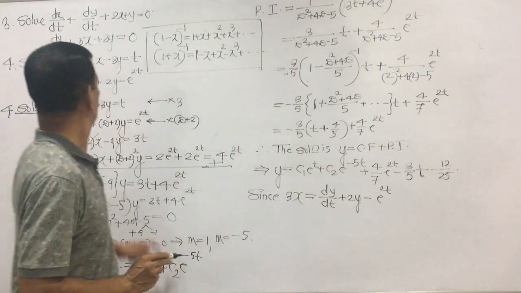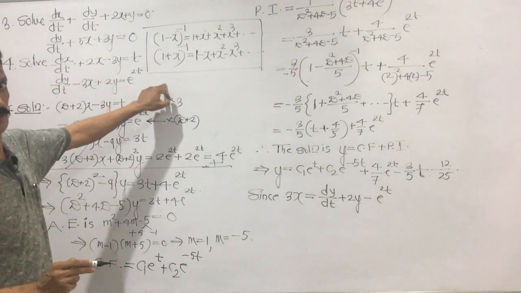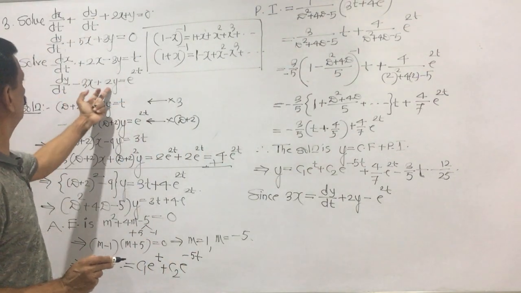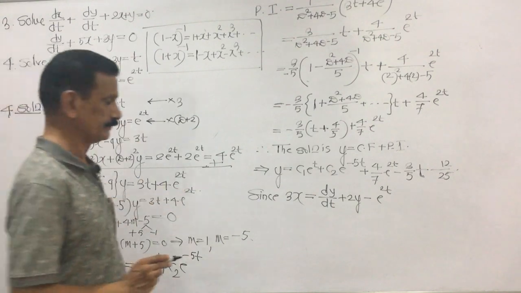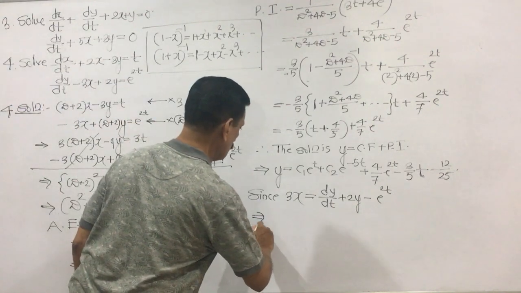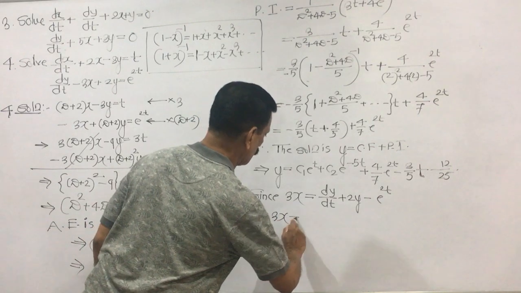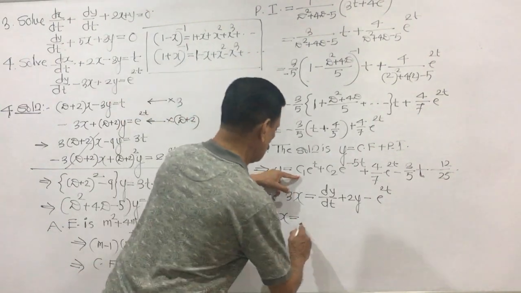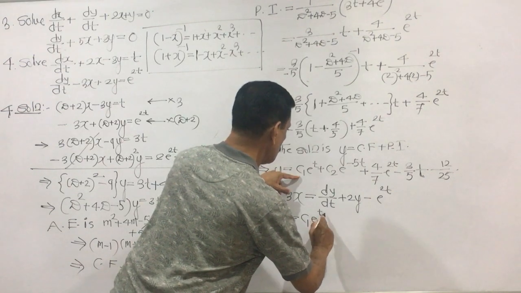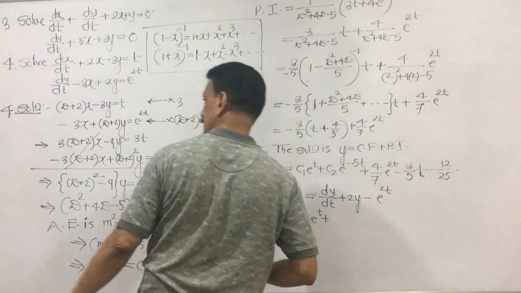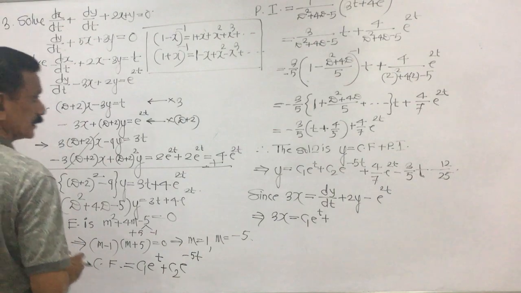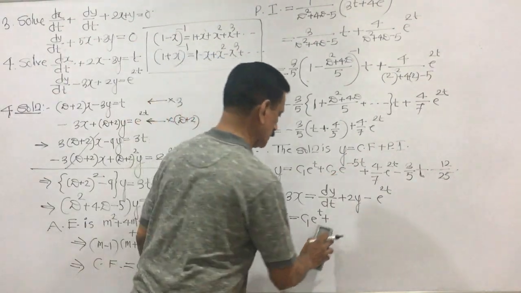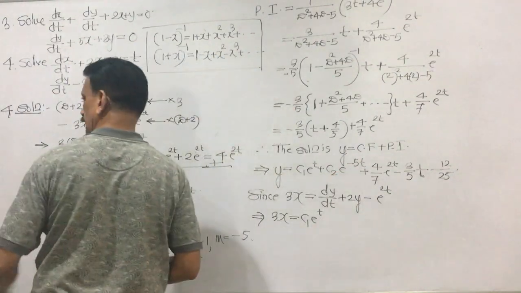So, see here, I write this one: minus 3x taken to the right side, plus 3x equals dy by dt plus 2y minus e raised to 2t. Now dy by dt means the derivative of this: it is c1 e raised to t, plus the derivative of e raised to minus 5t, which is minus 5 into e raised to minus 5t.